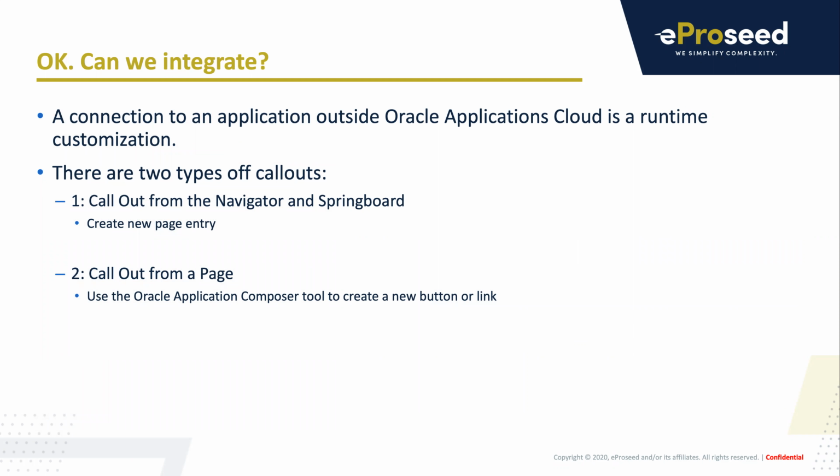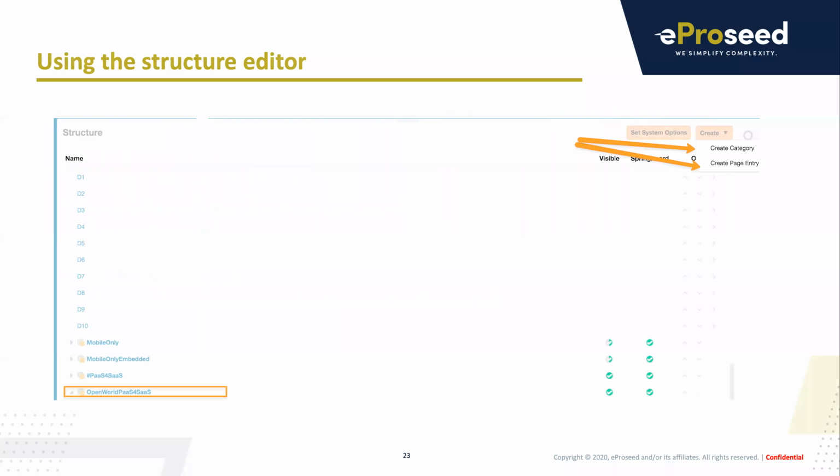You can do any external URL that you can call from the navigator on a springboard, or even from a page, that depends. So this is typical functionality of Oracle SaaS, where you add a new page entry, or use the application composer to create a new button or something like that, to invoke external functionality.